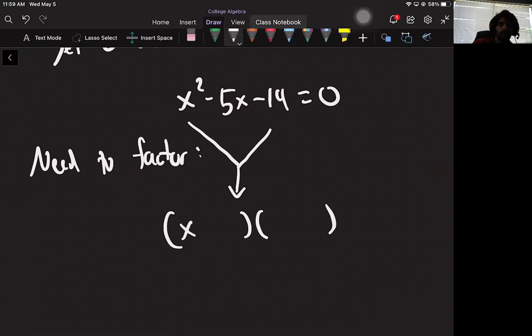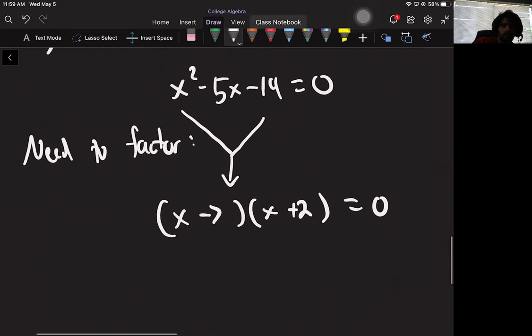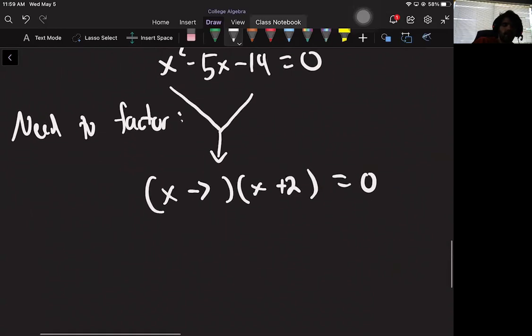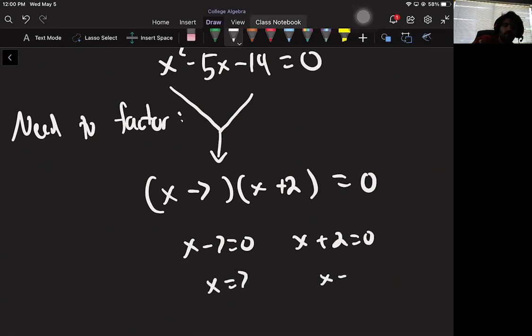So if you do the box method, you're going to get x minus 7 and x plus 2. And minus 7 plus 2 will multiply to be negative 14 and add to negative 5. So now we're back in the previous situation where we have two equations that we just solve both of them and get our two solutions.